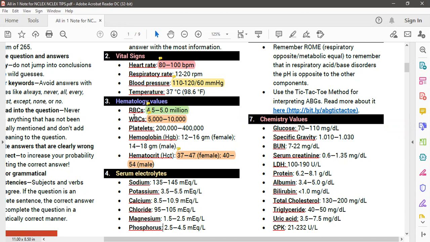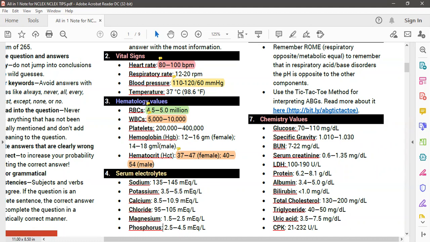Now go for hemoglobin first. The normal hemoglobin range in case of female is 12 to 16 grams per dl. In case of men, 14 to 18 grams per dl.